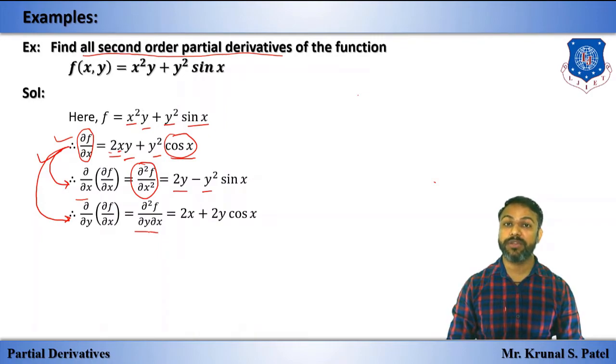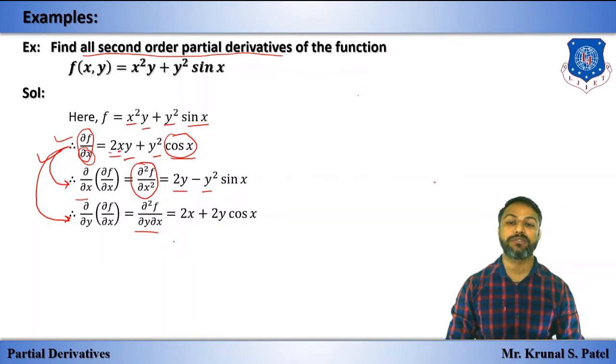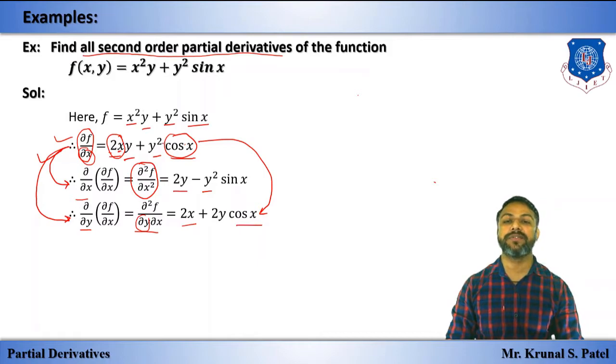You have to keep in mind that because we have del x and we are differentiating with respect to y, del y will be multiplied on the left side. Now differentiate this term with respect to y. This time x is constant, so 2x, and differentiation of y is 1, so 2x. And this time cos x is constant and differentiation of y square is 2y.